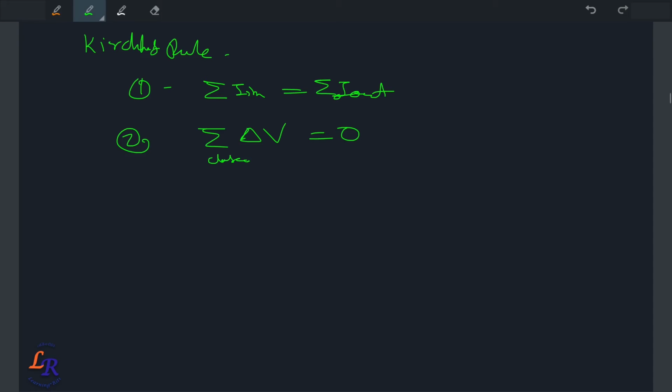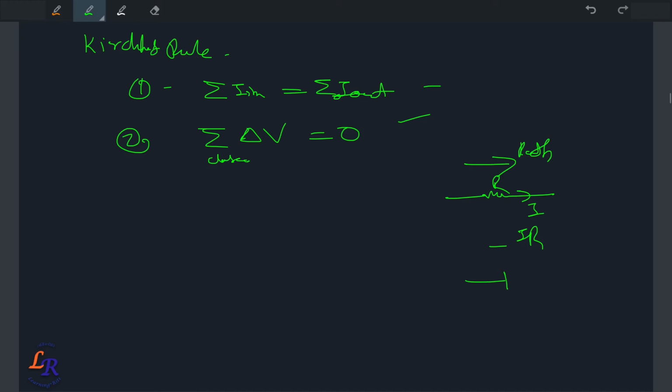So these are the two basic Kirchhoff laws, and also the sign convention which you had followed. If this is your path you are following in the loop, and if you are entering a resistor in the current direction, then it will be given as minus R, and if it is opposite, then it is plus R.